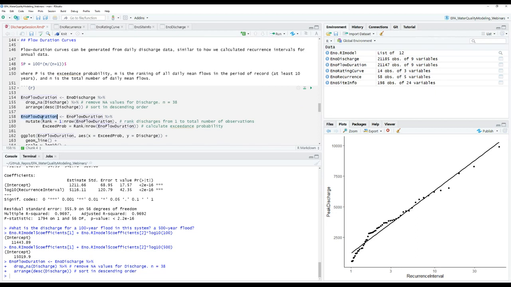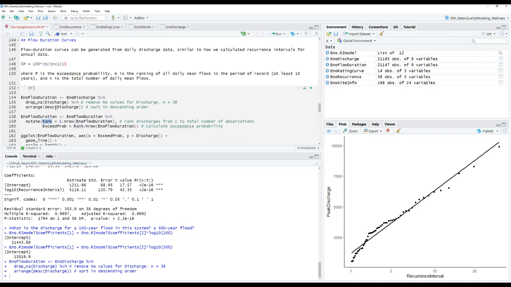So let's continue on with Eno flow duration. We are just going to basically overwrite this file. So notice how Eno flow duration is on both sides of that assignment operator. We are going to mutate on, so add on a few additional columns, where we will rank our discharges, so our rank, from 1 to the total number of observations.